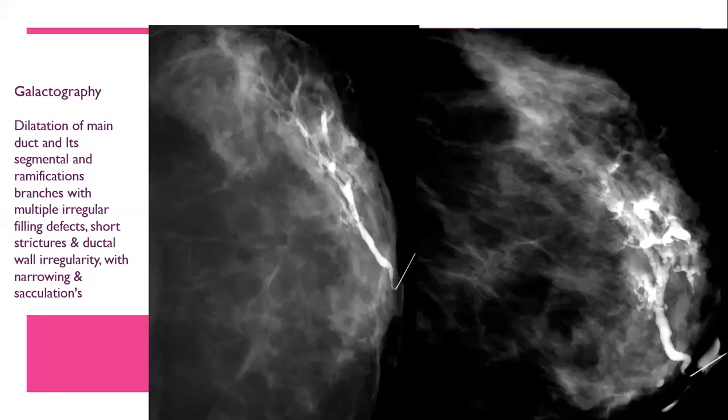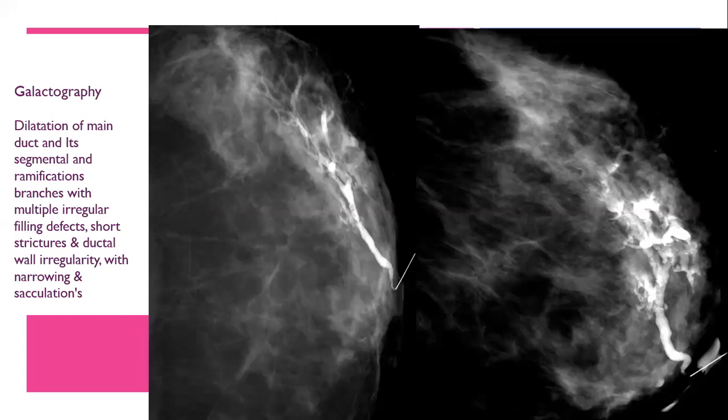Then because of nipple discharge, we had done a galactography for her. This is since a long time, before 2010, this patient. The ductogram revealed dilatation of the major and the minor ducts.